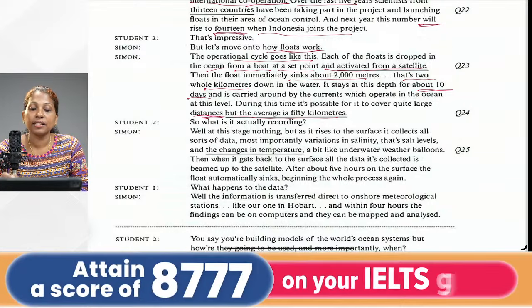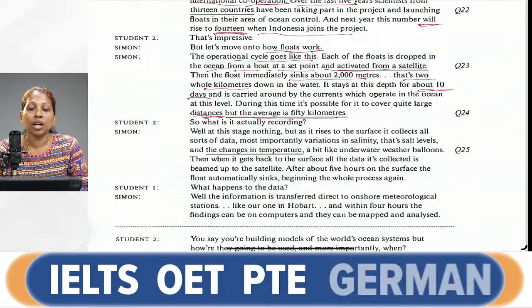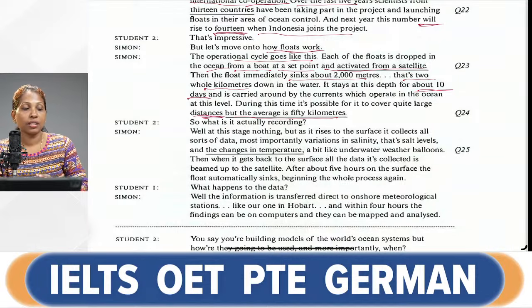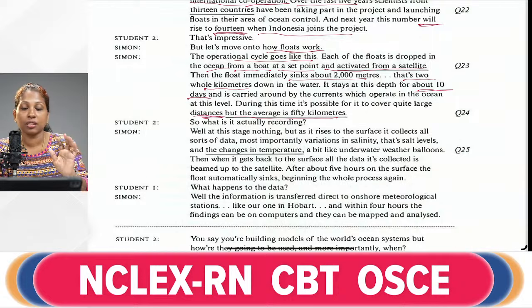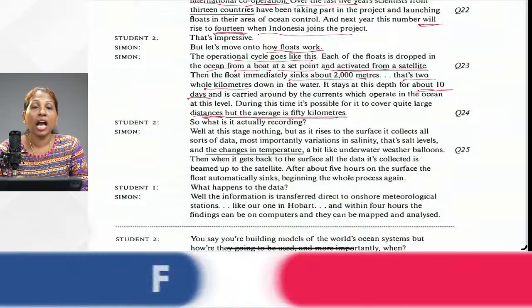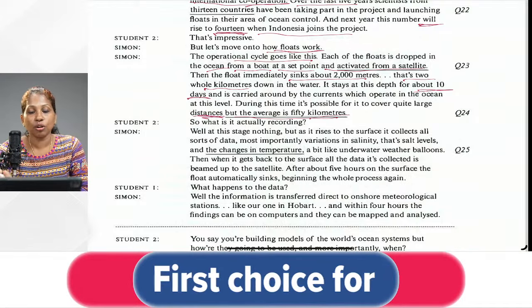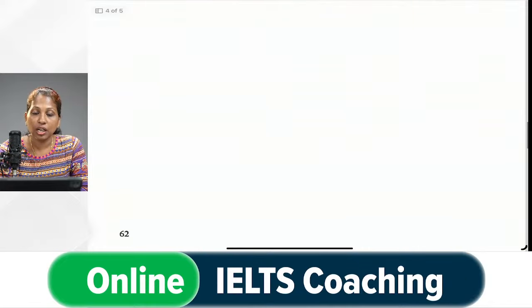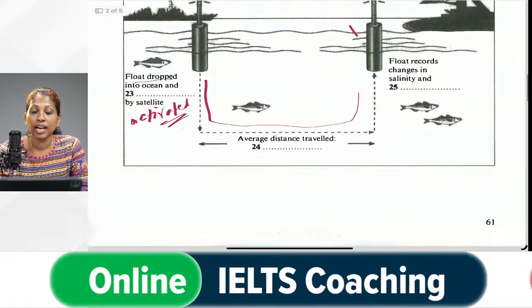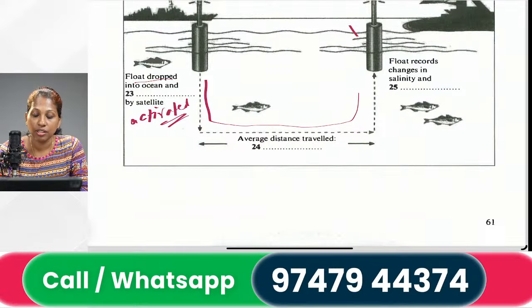So they're telling the distance covered during this time. That means it is able to travel that much distance. And then how much it is, they are mentioning average is 50 kilometers. So that is what we are looking for: how much the float travels on an average. Average distance traveled is 50 kilometers.